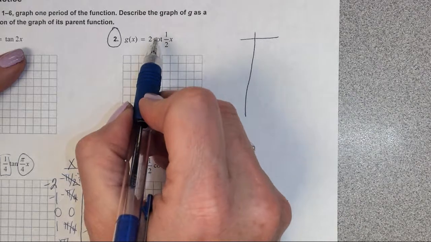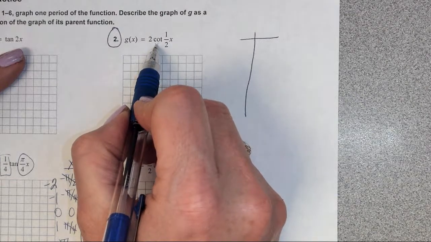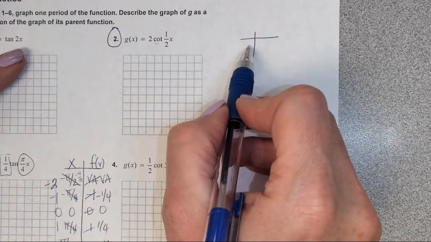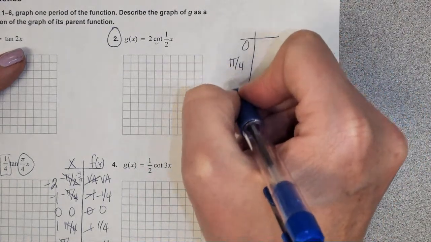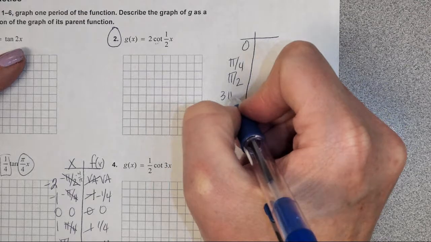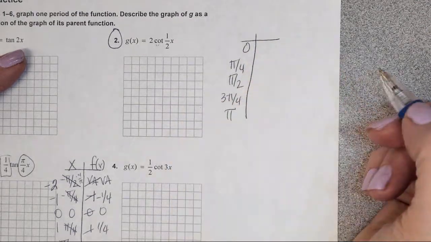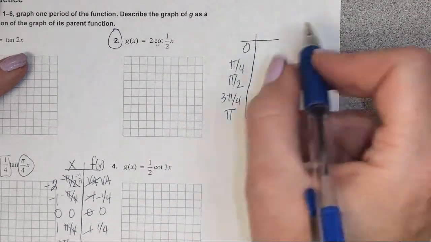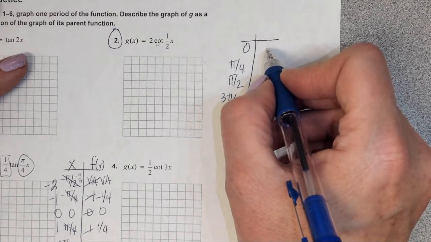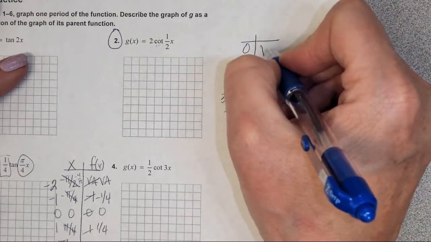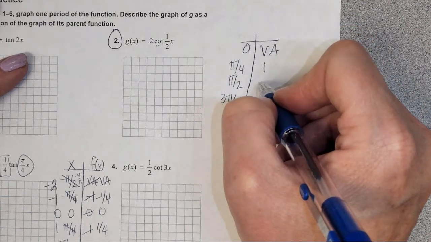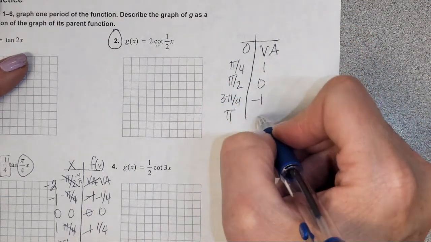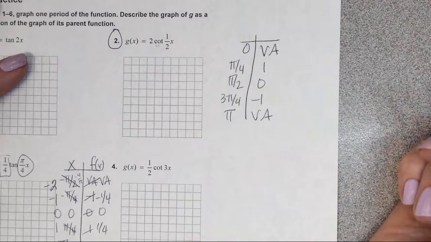This is a cotangent graph. So where am I going to start? 0 this time. My key points: 0, pi over 4, pi over 2, 3 pi over 4, and pi. Do you remember the key values here? What happens? Right, undefined, so vertical asymptote here. Next one. Next one. And vertical asymptote, right.